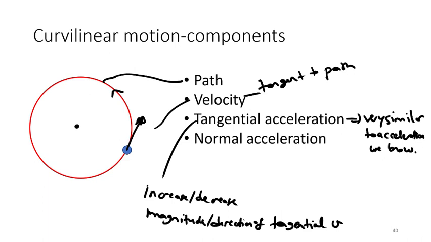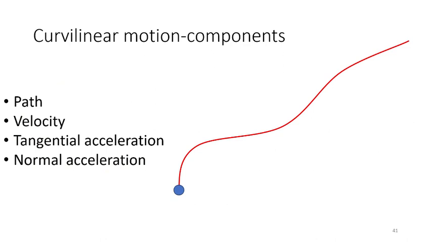and the normal acceleration is what keeps the body in a curve. Let me show you this in the second one, which will make it clear. If the particle is here, it will have this normal acceleration a_n and this tangential acceleration a_t.